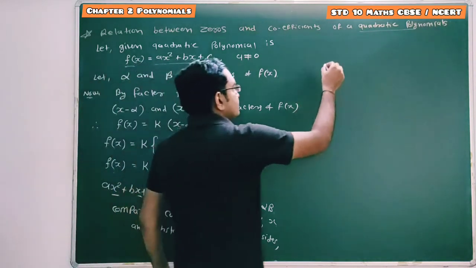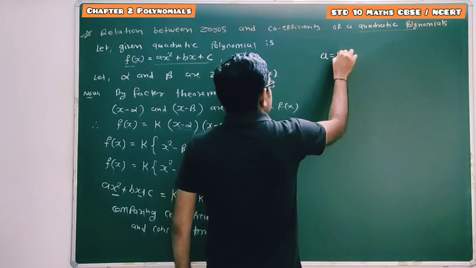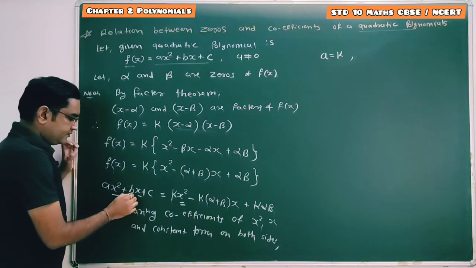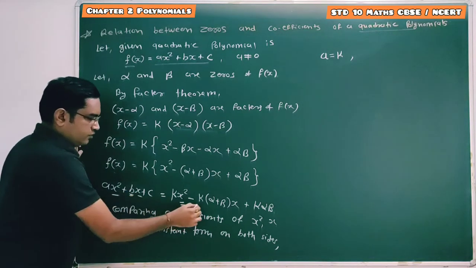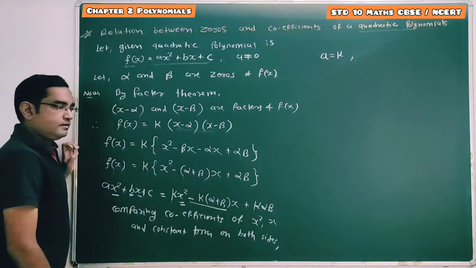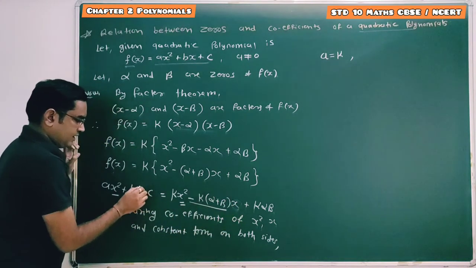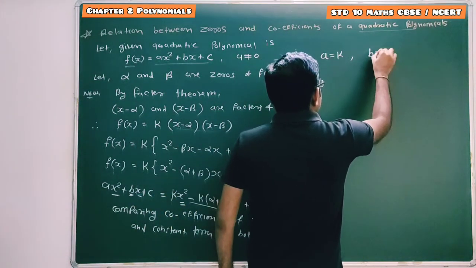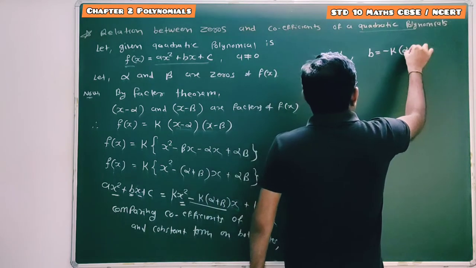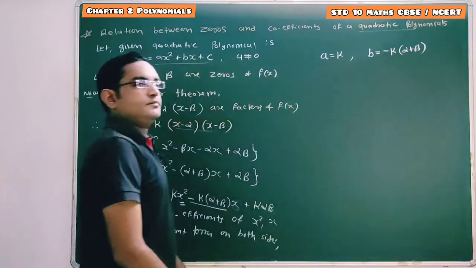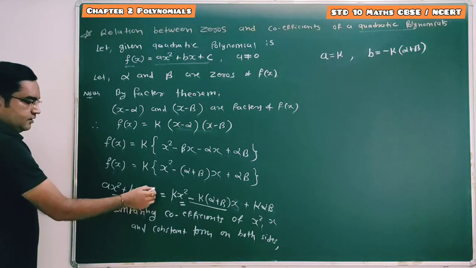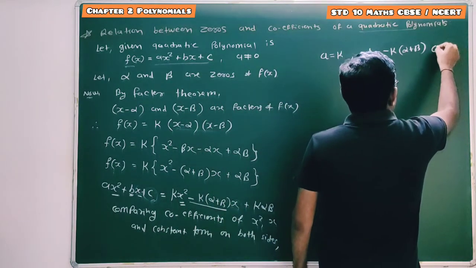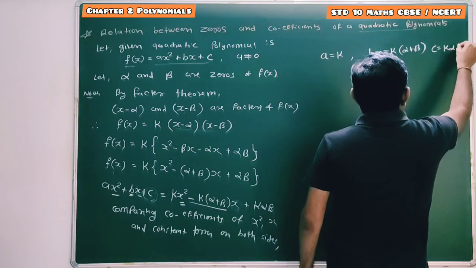So can we write a is equal to k? Yes. And can we write b is equal to minus k of alpha plus beta, because the coefficients of x are equal. And the constant term c equal to k alpha beta.